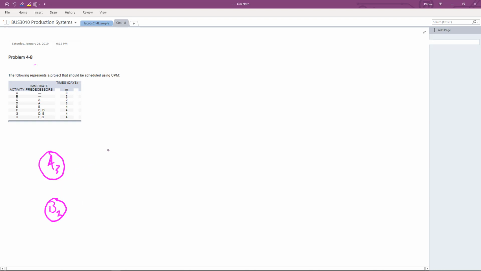C depends on A and takes 2 weeks by the table. D depends on A and takes 3 weeks. Okay, it gets a little tight in here. E depends on B, so we have E down here, and E has 4 weeks. F depends on C and D, so we get F here, and F is 4 weeks.